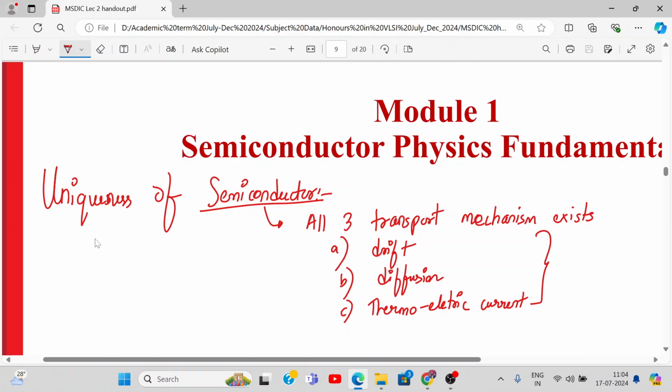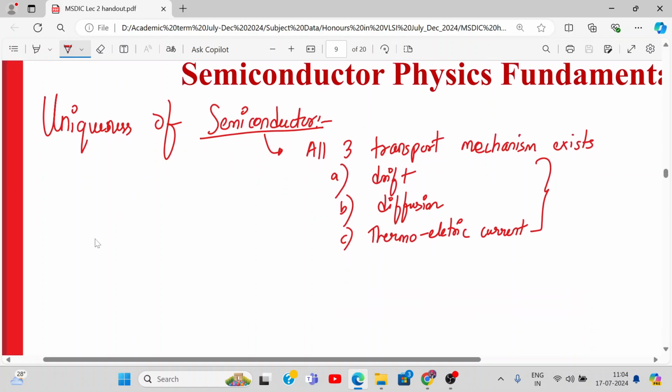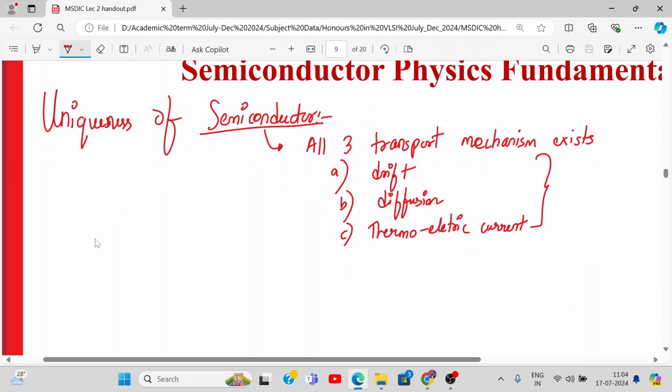That's why we have so many devices and applications in semiconductors, which has made this market the most sought after in this century. That's the uniqueness of semiconductor materials. We can have such a wide range of transport mechanisms and properties, so we can build different kinds of devices with very interesting characteristics.